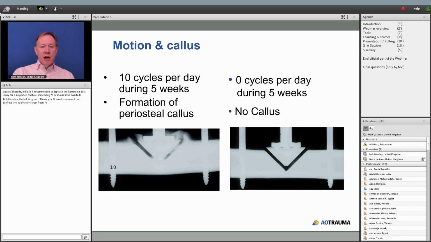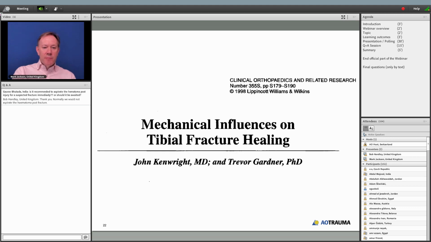And on the right hand side, the experimental model has not been subjected to any micromotion. And we see that with the added micromotion, there is early, fairly abundant periosteal callus formation. Where there has been a gap and absolute stability, there has been absolutely no callus formation at all. So micromotion is important in allowing the process of fracture repair to progress.